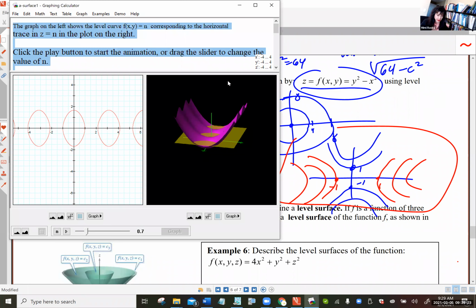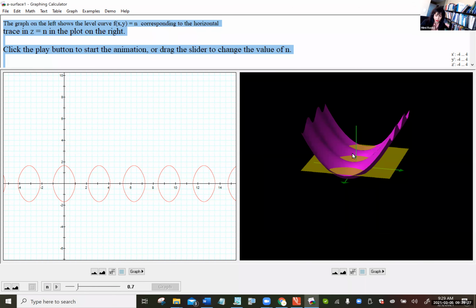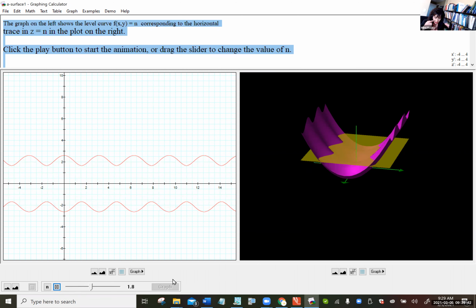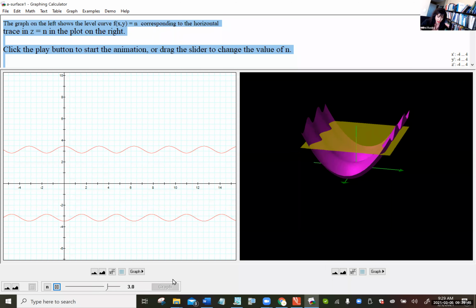Here is something I wanted to show you. It's a different problem. Look at this surface that looks kind of like a wavy potato chip. They're looking at some of the level curves there in the middle. If I hit play here, the level curves start changing depending on which level you're at.